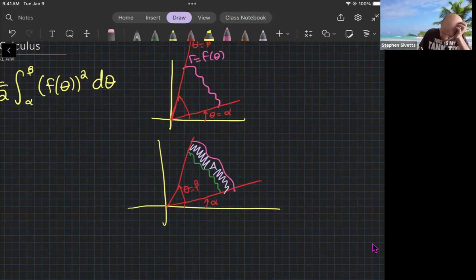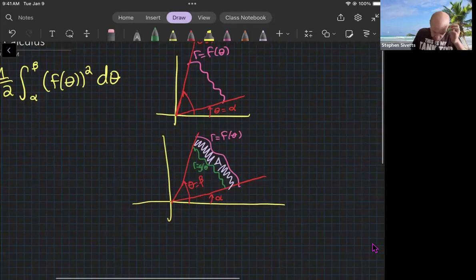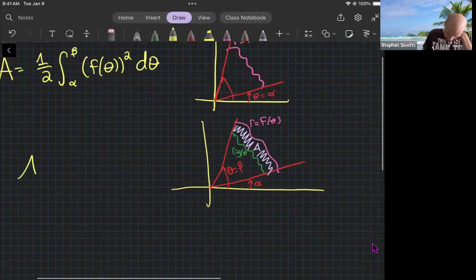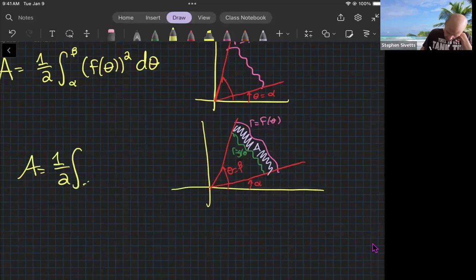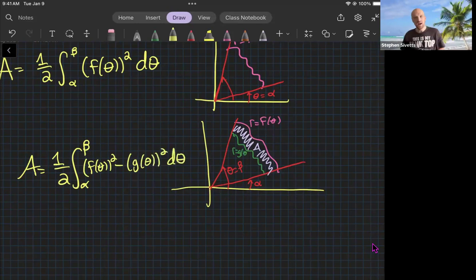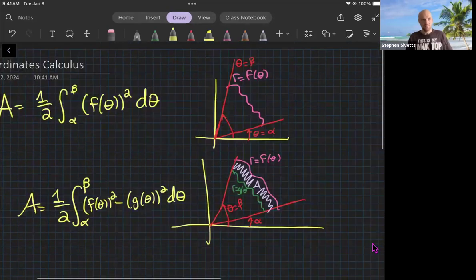These polar curves are defined by, let's say, f of theta, and then this is g of theta here, right? So the area of this region is equal to 1/2 times the integral from alpha to beta of f of theta squared minus g of theta squared. Essentially the top minus the bottom curve that you've seen in Calc 1, right?